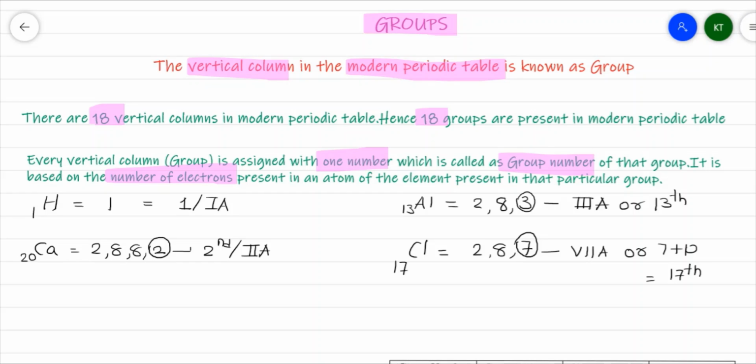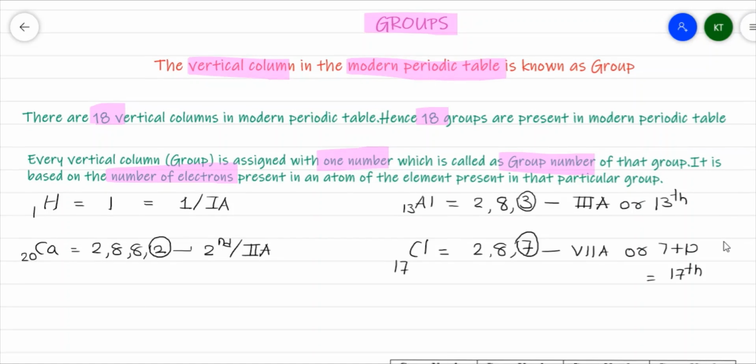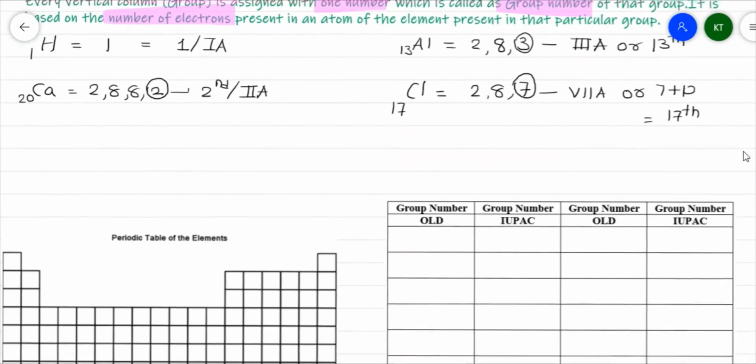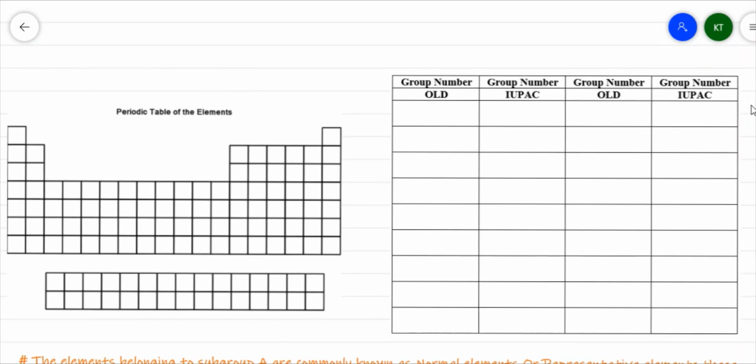Generally, the number of electrons present in the outermost shell of every element is represented by its group number. There are two notations we normally use: the old system and the new system.